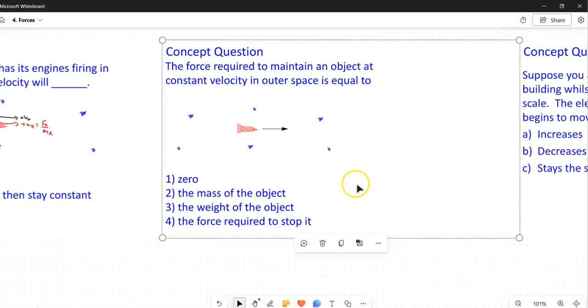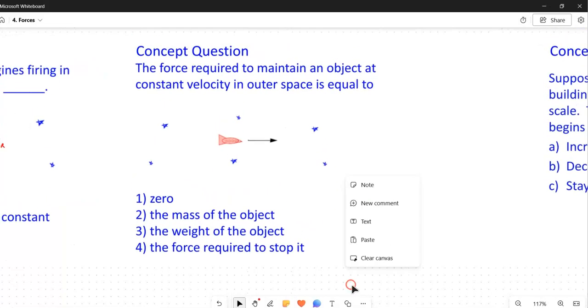Now, a similar situation. You have this rocket that has a velocity vector in the x direction to the right. So it's moving to the right, but its engines aren't firing. It's moving at a constant velocity.